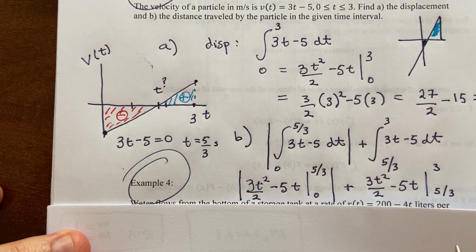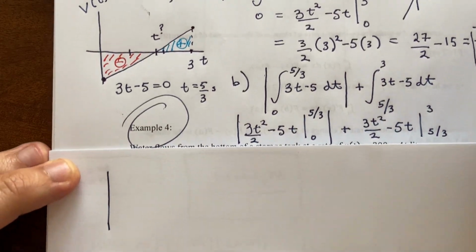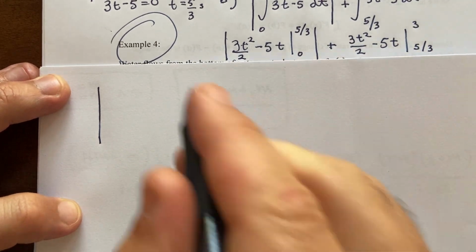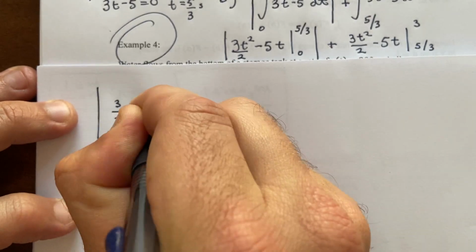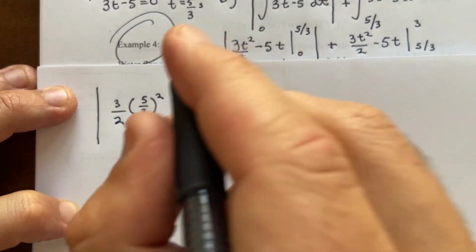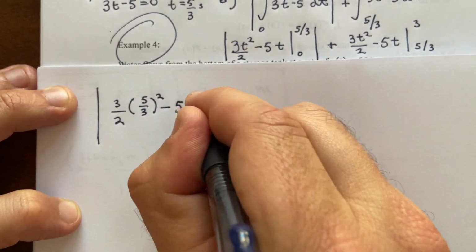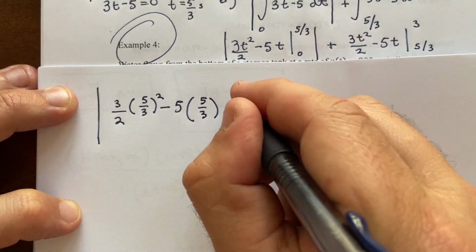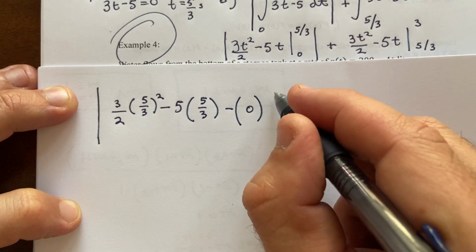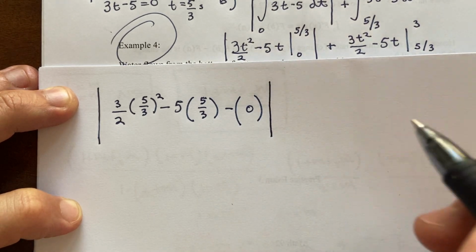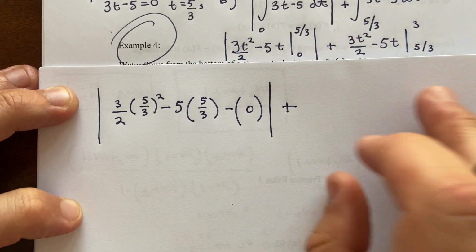Okay, so here we are. We have the absolute value of 3/2 times 5/3 squared minus 5 times 5/3 minus, this will be a 0 actually. When I evaluate at 0, we get a 0. So I just need to take the absolute value of this and then add this piece.